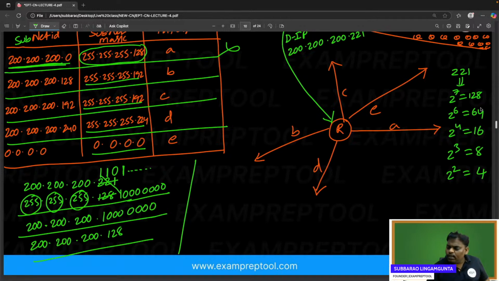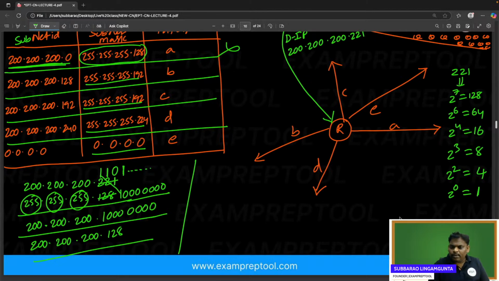So 128 plus 64, 192. 192 plus 8, which is going to be 200. 200 plus 16 plus 4, 220, plus 1, 2 power 0, 1. It is a binary number.